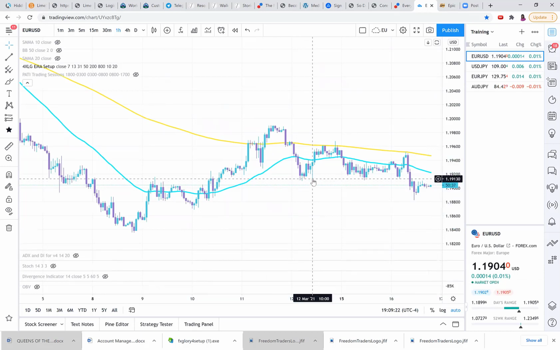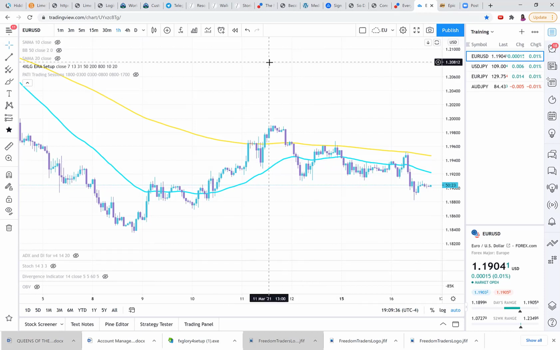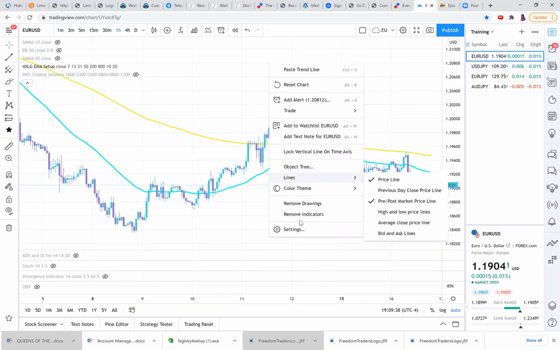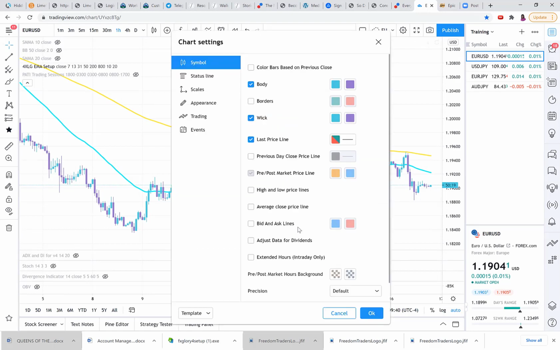Okay, so we're looking at Euro USD. Now, my colors have been adjusted. You're probably familiar with the bullish or increasing candles being shown in green and the bearish or decreasing candles shown in red. So let me show you how I did that. Right click anywhere on the screen and go to settings.